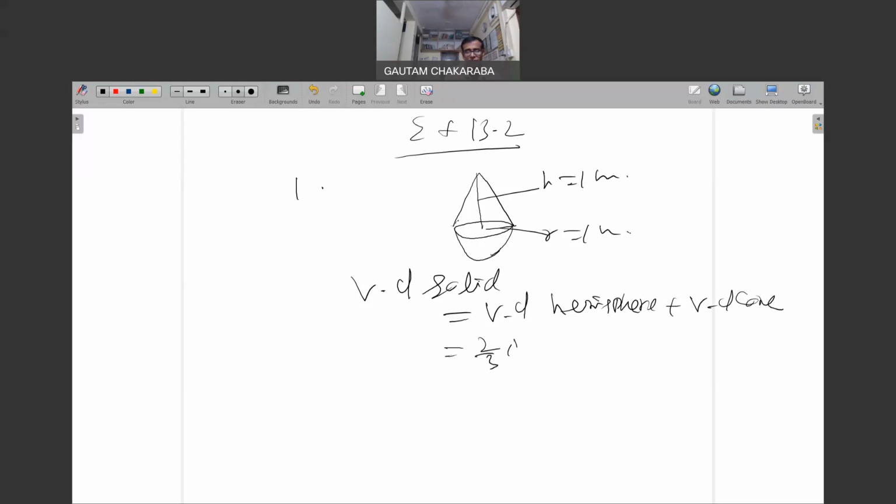Hemisphere is 2 by 3 pi r cube and cone is 1 by 3 pi r square h. 1 by 3 pi r square common, 2r plus h. Now put the value of r, and you get the answer in terms of pi. I move to the next question.